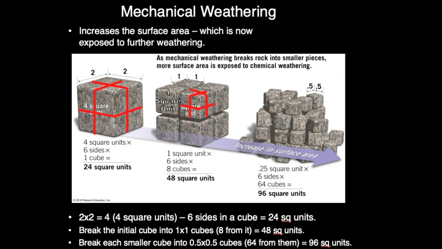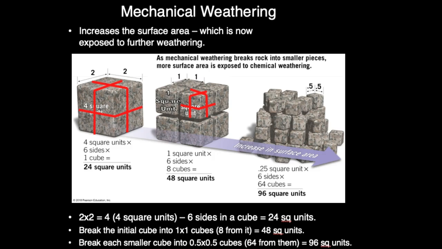Okay. As you move on to the next image, each of those 8 previous cube pieces are split into 8 more. So again, the combined volume does not change. It's still the same volume. Each one of those pieces has a square meterage of 0.25 square meters per side of each cube.